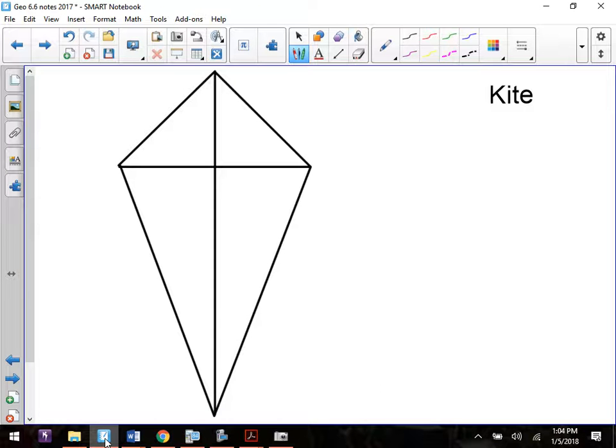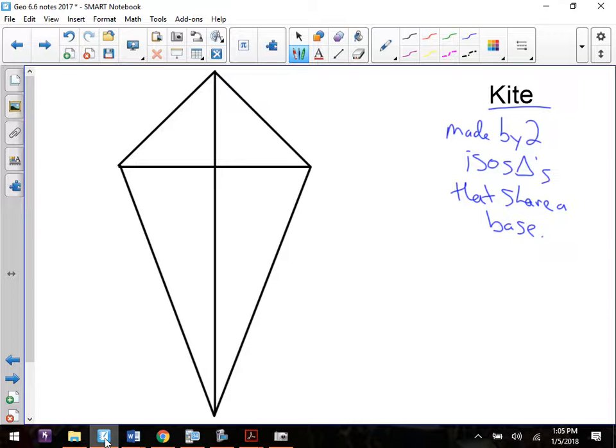I want you guys to think of kites. I think the easiest way to explain them is that a kite is made up of 2 isosceles triangles that share a base.